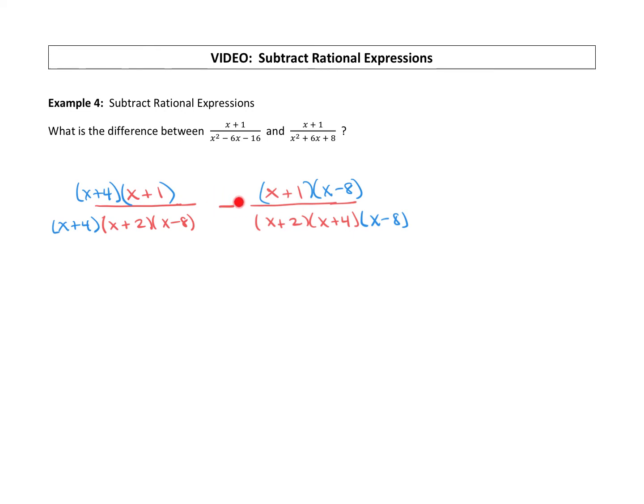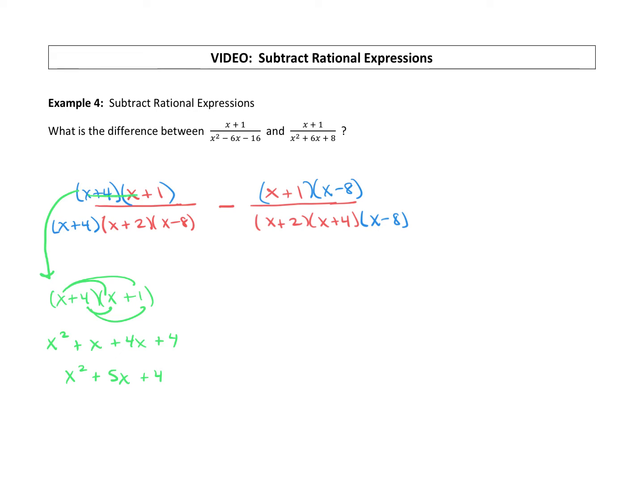Before we can do the subtraction, we've got some prep work to do on these numerators. I'm just going to do this prep work below. We have x plus 4 times x plus 1. Distribute the x. x times x is x squared. x times 1 is plus x. 4 times x is plus 4x. 4 times 1 is plus 4, leaving us with x squared plus 5x when we combine those like terms, plus 4.